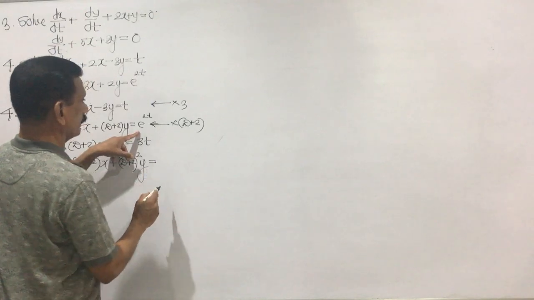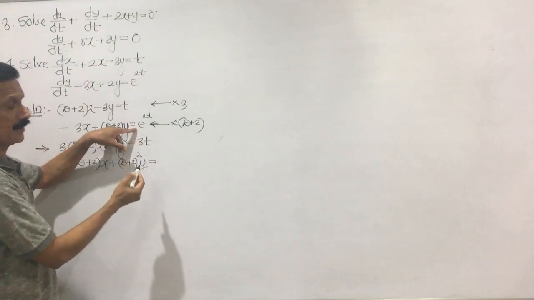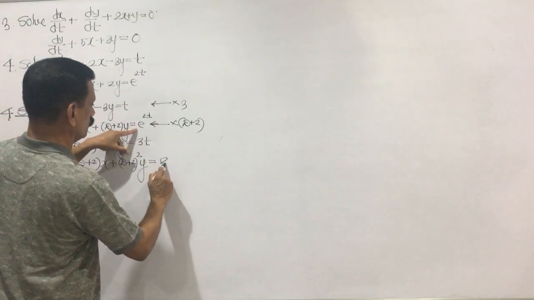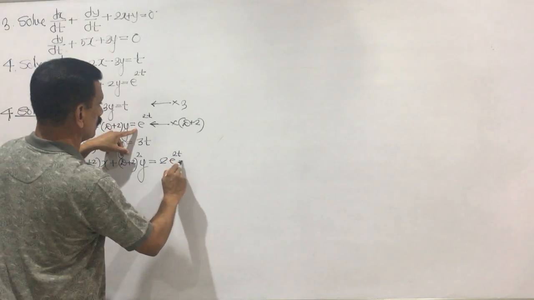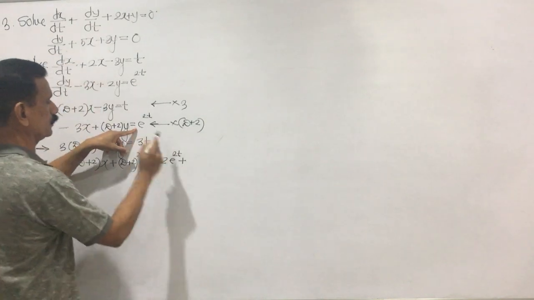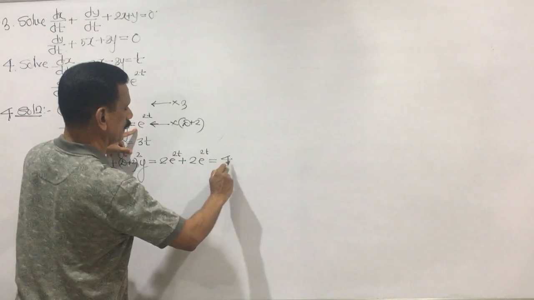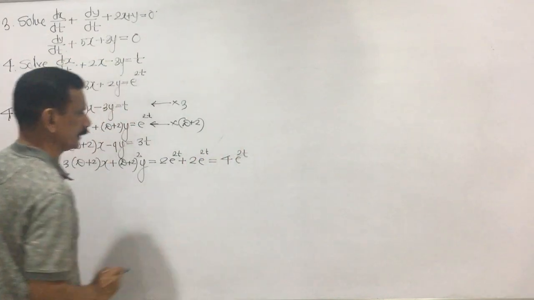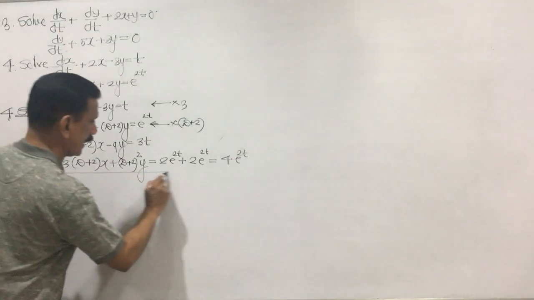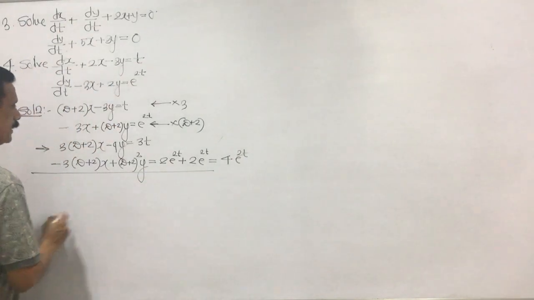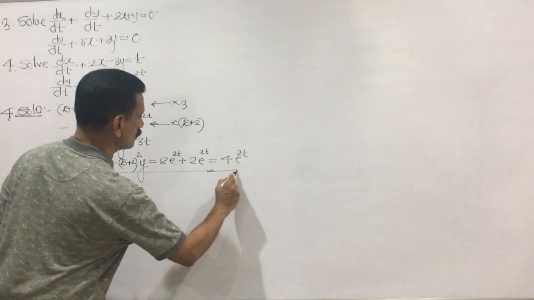So, d means it is derivative of e raised to 2t, which is 2 into e raised to 2t plus 2 into e raised to 2t, means totally you are getting 4 e raised to 2t. Let us add these two.